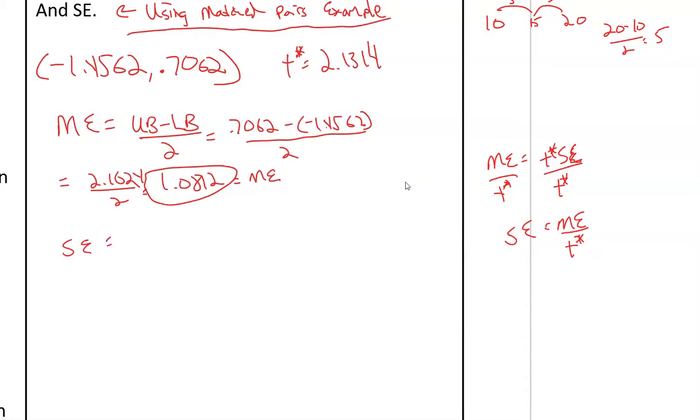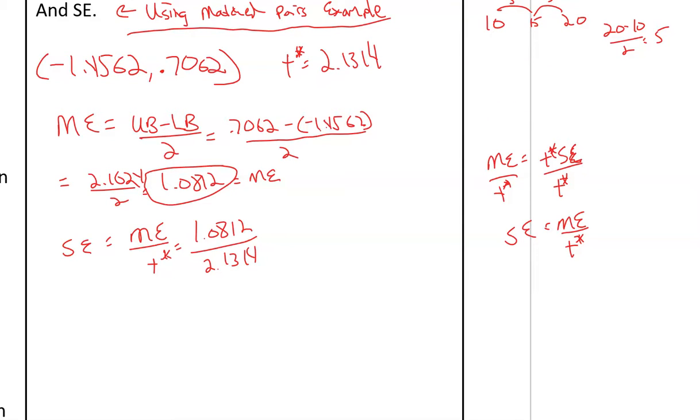SE is equal to ME over T-star, which is equal to 1.0812 over 2.1314.